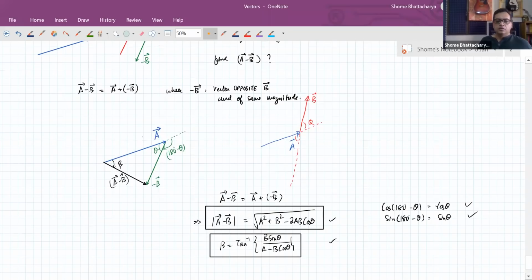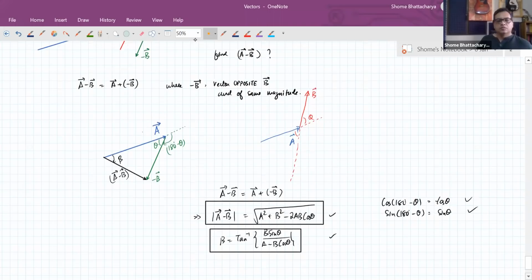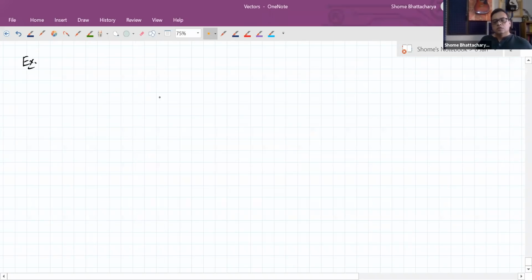So let's look at a quick example. Suppose that magnitude of vector A is equal to magnitude of vector B is equal to 50 units, and theta is equal to 120 degrees.